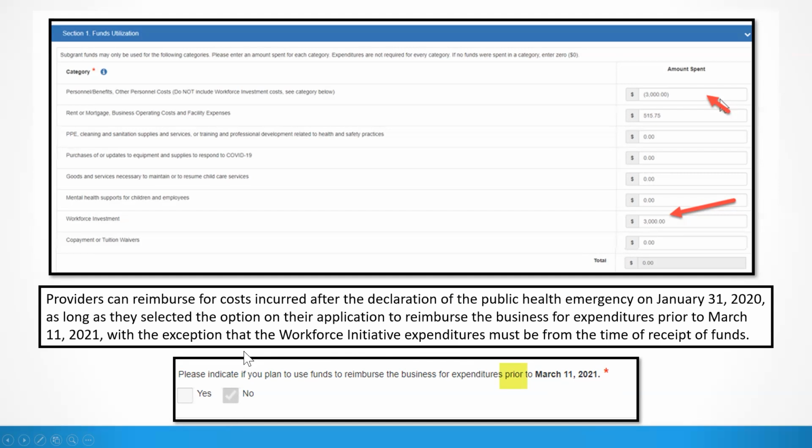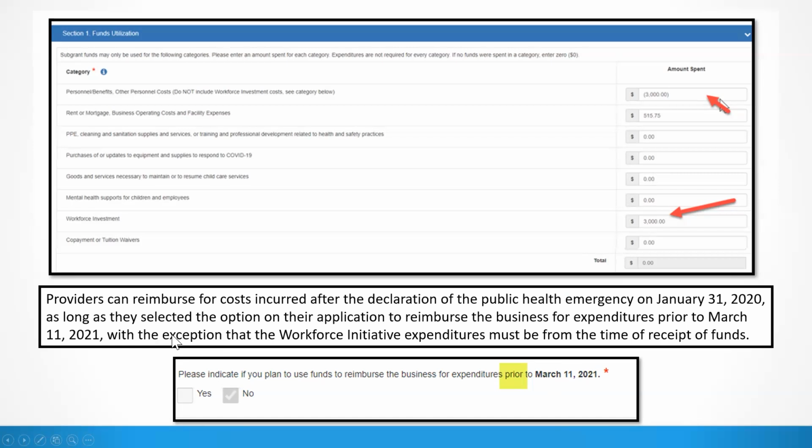However, for the workforce initiative expenditure, you cannot report funds prior to the time that you received those funds. So if you didn't receive the funds until, let's say, November 2022, your backup documentation cannot be prior to November 2022, okay?